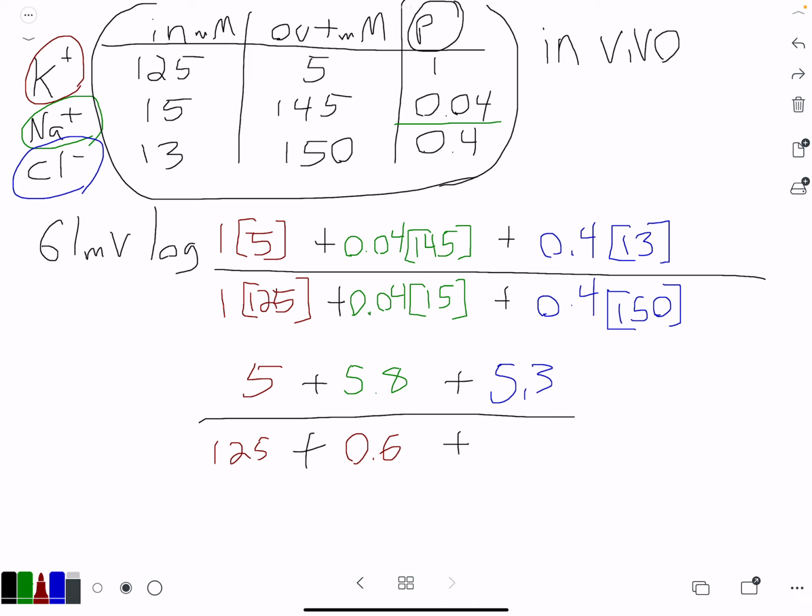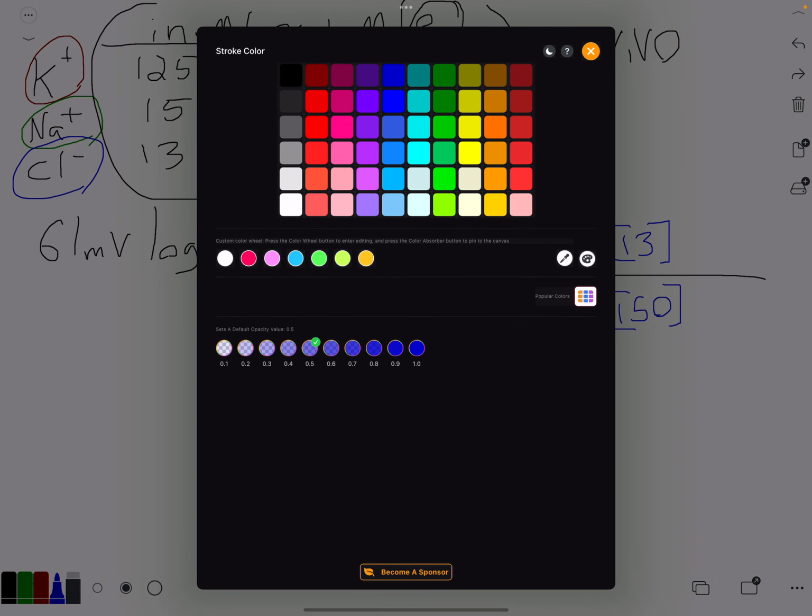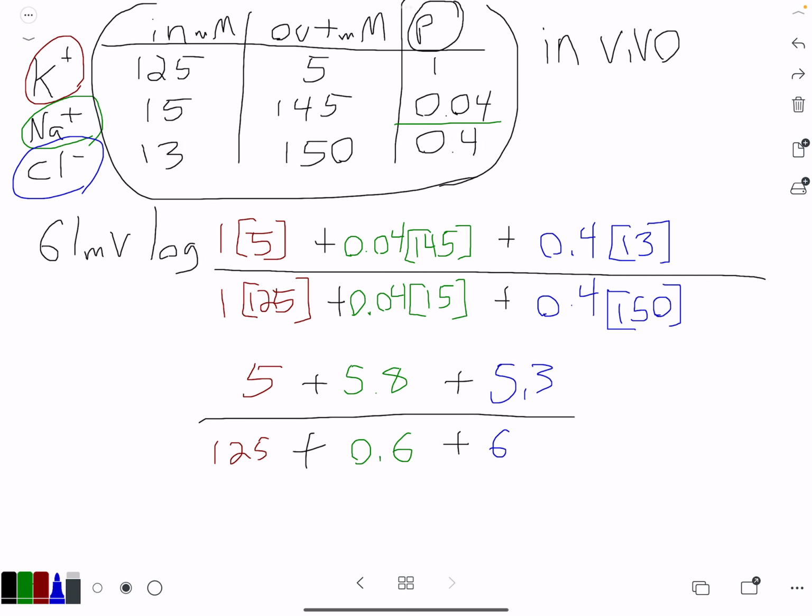And 60. I'm doing my best here to not confuse you with the colors. And 60 for our chloride.